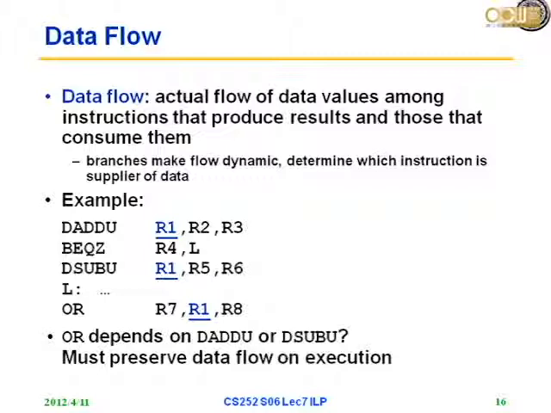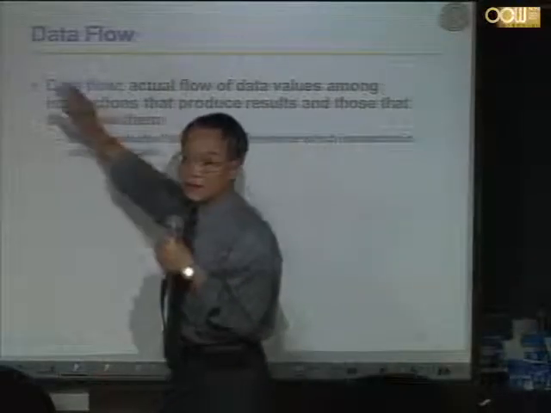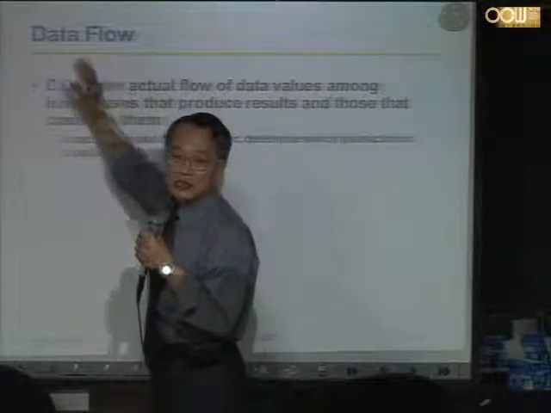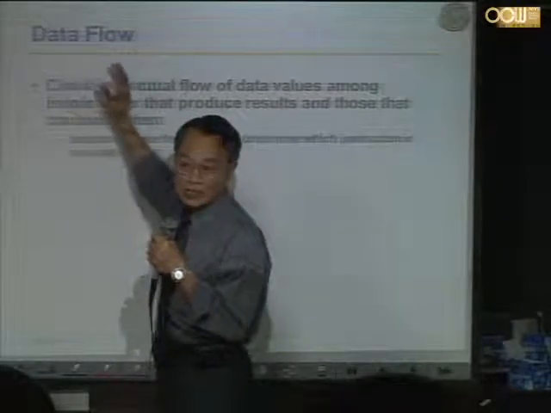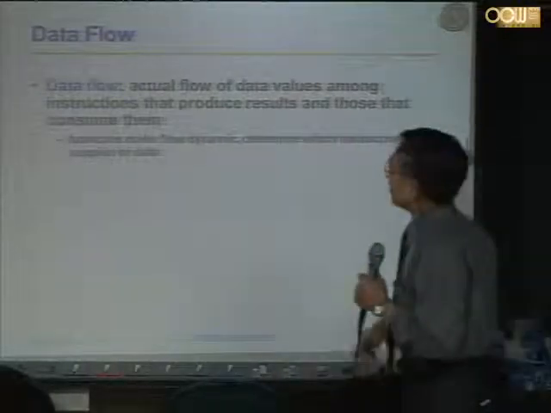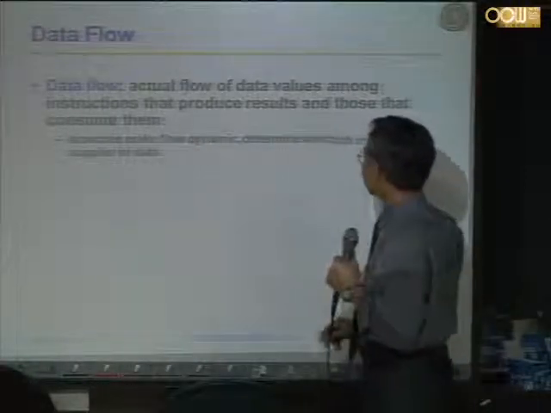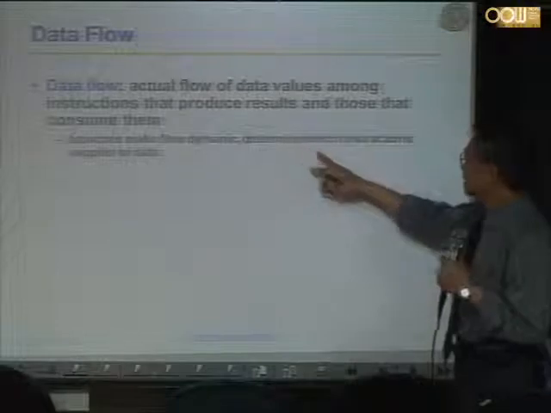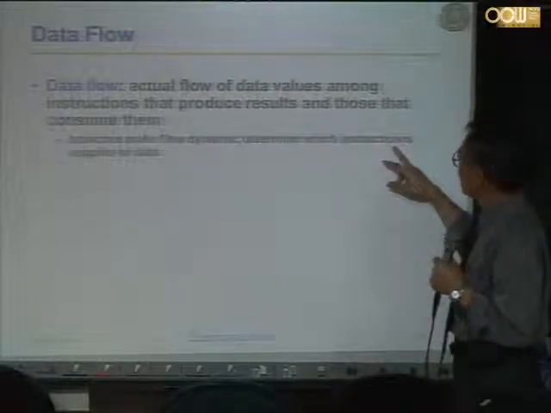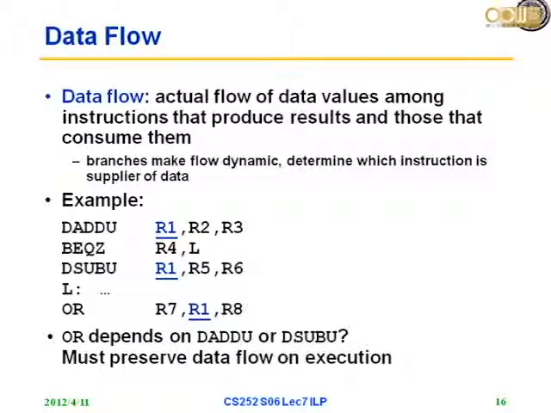Data flow: the actual flow of data values among instructions that produce results and those that consume them. So data flow means the producer-consumer relationships of the instructions. Branches make the instruction execution flow dynamic, and determine which instructions are suppliers of what consumers.